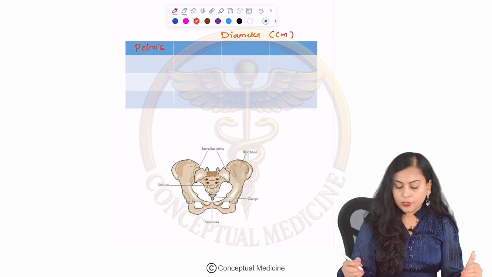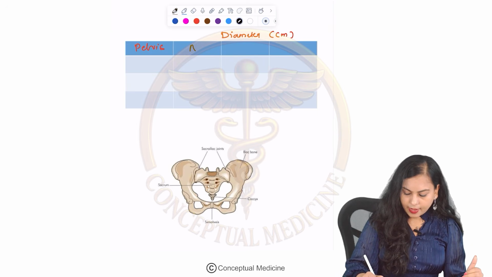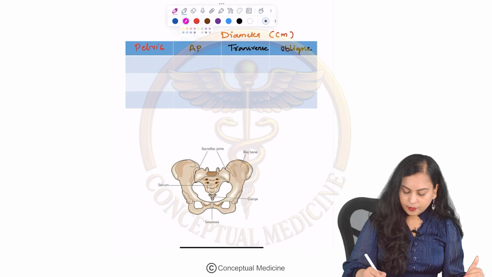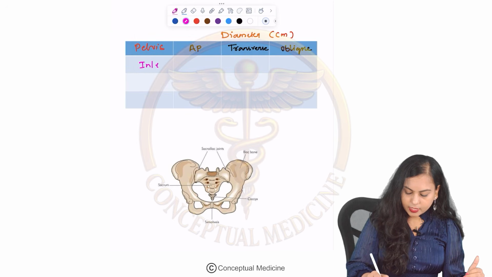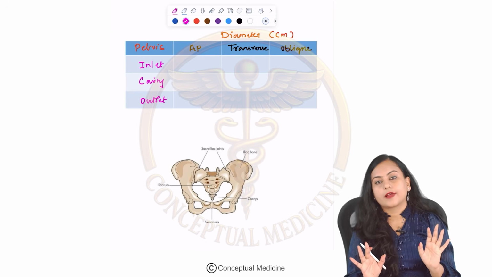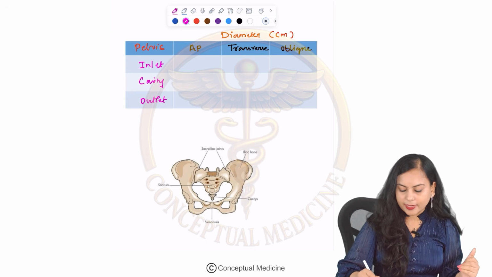So, the diameters I told, which can be anteroposterior diameter or transverse diameter or oblique diameter, okay. Then we have the pelvic inlet, then pelvic cavity and outlet, okay. If you remember this table as it is, then it will be very easy to remember all the values, okay. No need to follow any other technique.